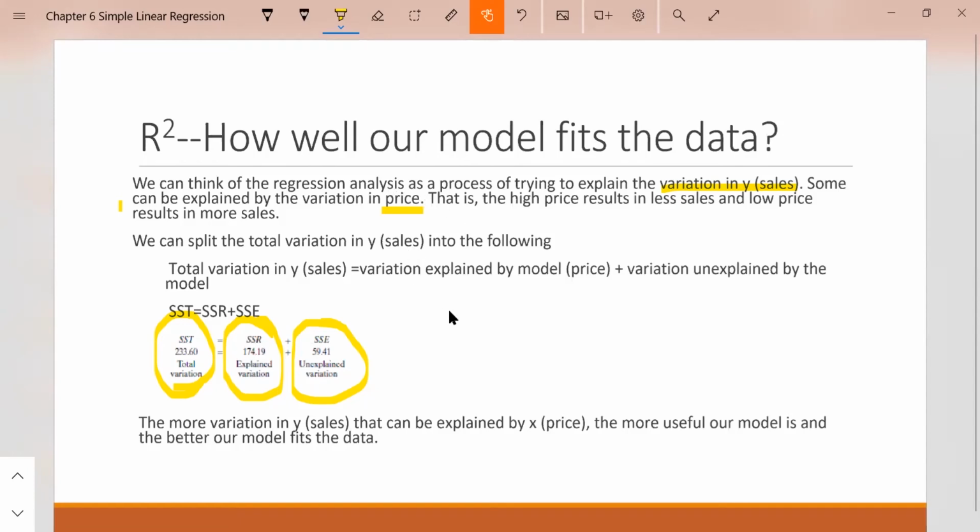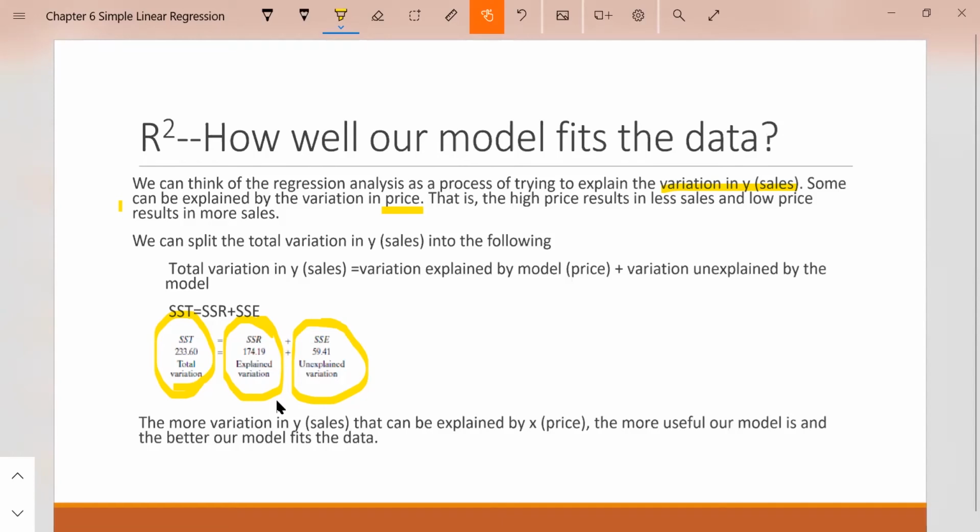And therefore, if we believe price is the most important factor, then we would expect price to explain most of the variation in sales. Or in other words, we would expect price to cause most of the variation we observe in sales. We would answer the question as, you know what, sales increases or decreases just because the price of the milk changes. And that's the most important thing.